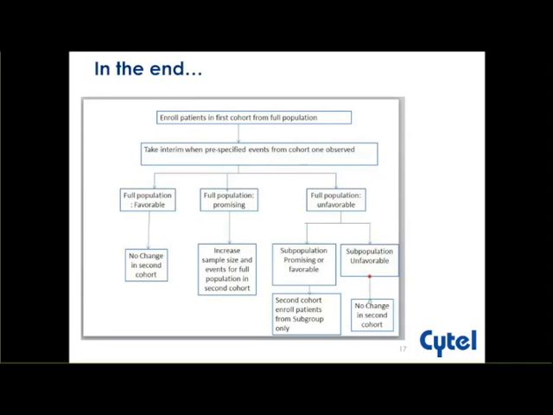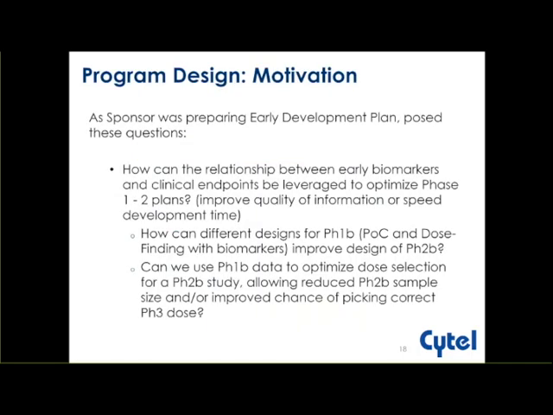In the third and final module that we have added, we are dealing with program design. The motivation of this was actually given to us in a project that we had to deal with. This was a situation where a sponsor was preparing an early development plan, and he had posed the question of how the relationship between early biomarkers and clinical endpoints can be leveraged to optimize phase 1-2 plans.